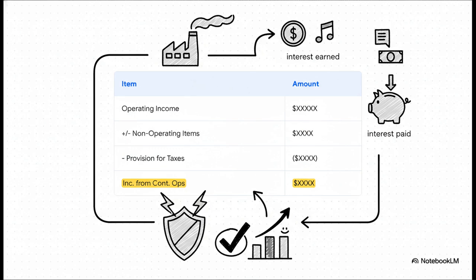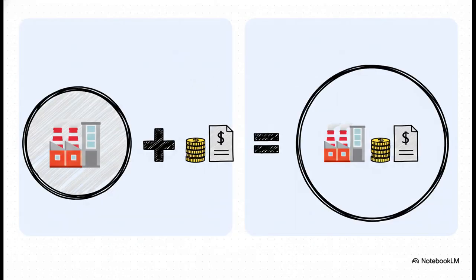This brings us down to another really key figure, income from continuing operations. Now, this is a fantastic way to see the difference. Operating income is pure. It's just about the core business. But income from continuing operations gives you a wider view. This distinction is so helpful because it lets you see how much of the profit is coming from the sustainable, day-to-day operations versus those other, maybe less predictable financial activities.